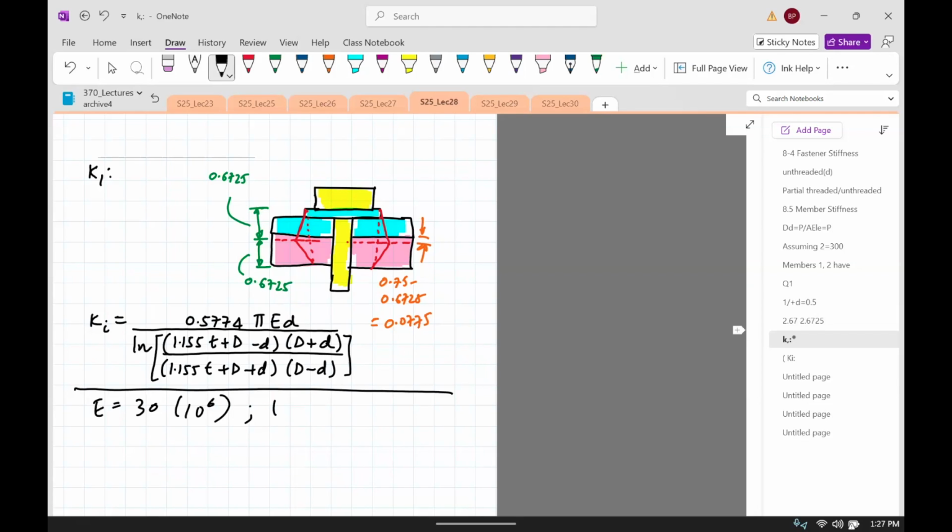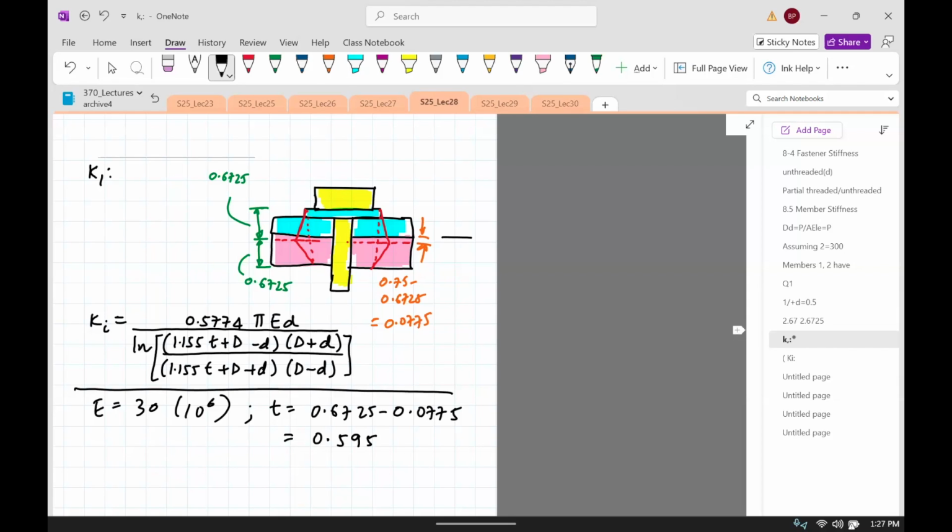Okay, next we have to get thickness. So thickness, we know it is 0.6725, but then you need to subtract out 0.0775. So that would be 0.6725 minus 0.0775 comes out to be 0.595.